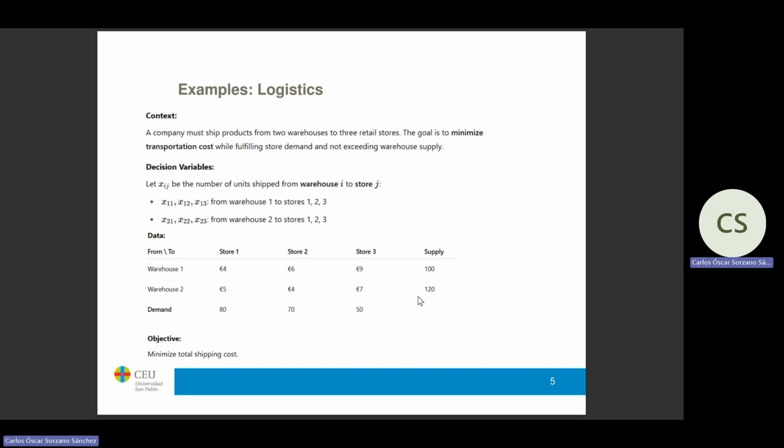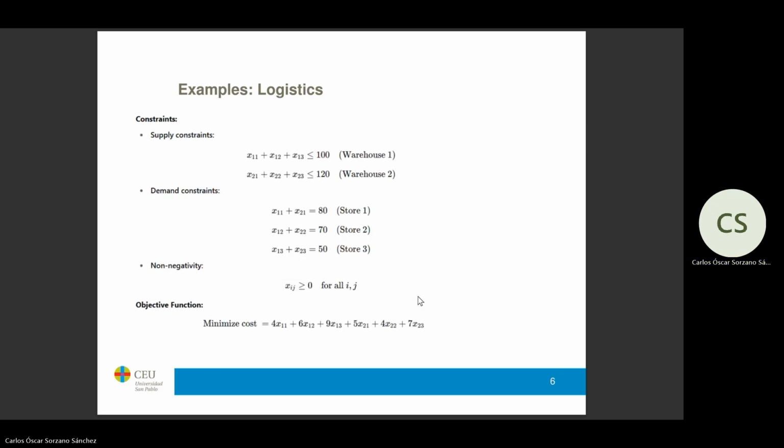So x13 is how many you are sending from warehouse 1 to store 3. And if you write that, it is this thing. So it is the amount sent from warehouse 1 to store 1 times the unit cost, and from 1 to 2 unit cost, and 1 to 3 unit cost, and so on.